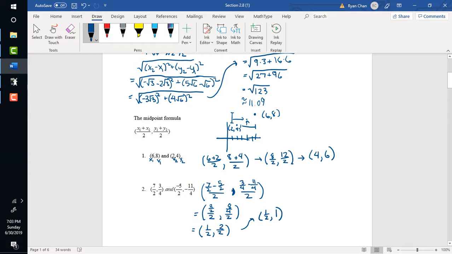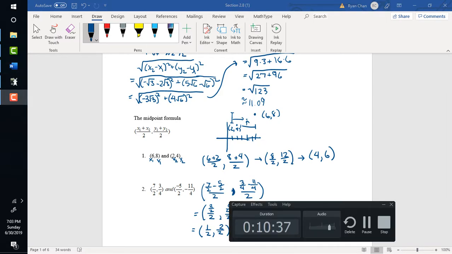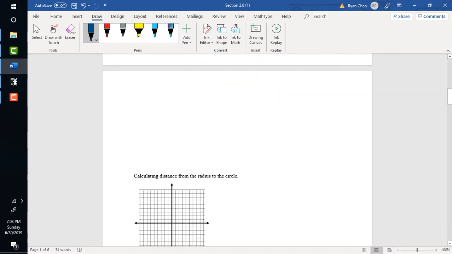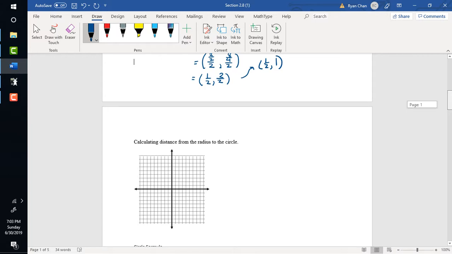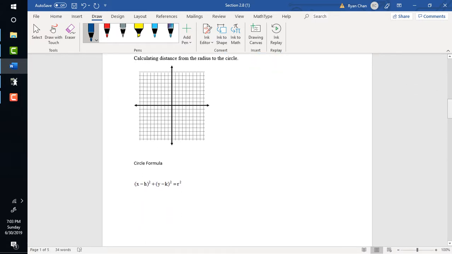Okay. Now the main portion of 2.8 is dealing with circles. Okay. This part may seem a little random, but it's going to make more sense later on, and it'll be more useful throughout the semester. Okay. So, what is the formula of a circle? A circle looks like this.